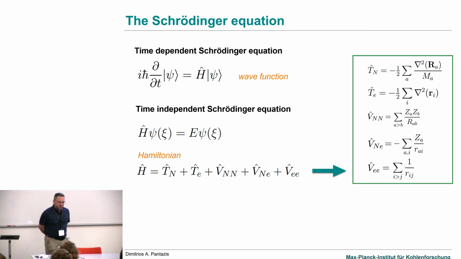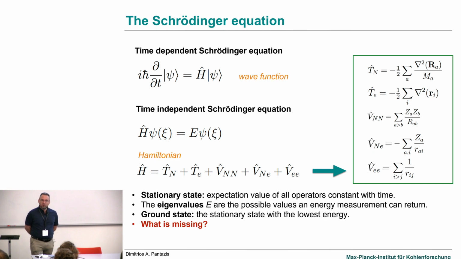And there is a Hamiltonian that contains all the parameters that make sense: the kinetic energy of the nuclei, the kinetic energy of electrons, and potential energies for the nucleus, electron, and nuclear-electron interaction. So we have this kind of form of an equation, and it's fine. We know what to do.